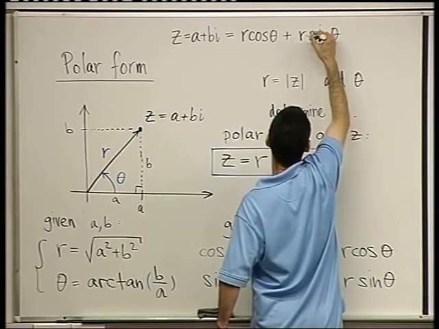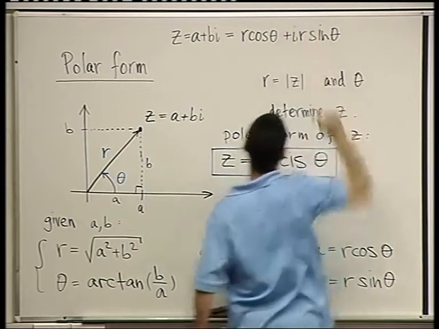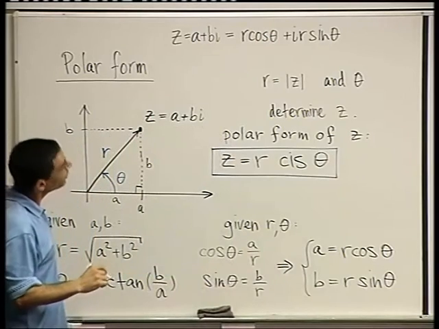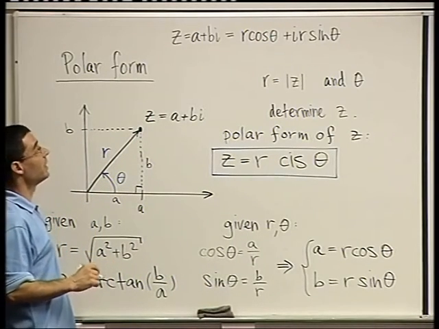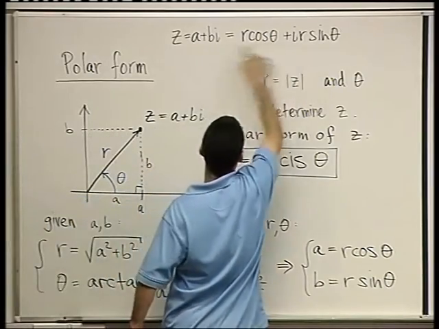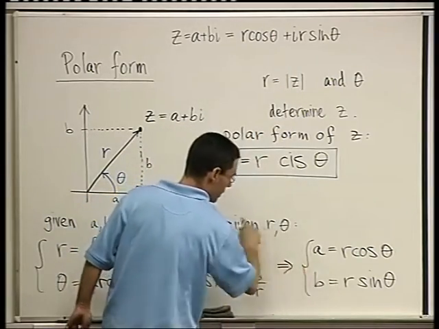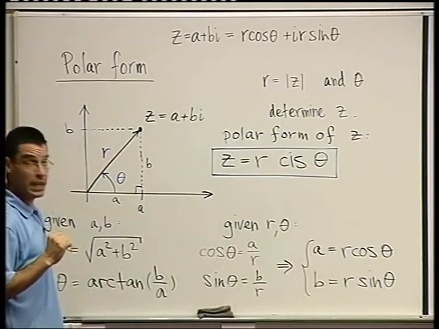And often we write the i over here: r cosine of theta plus i r sine of theta. This is exactly equal according to this relation between r, theta and a and b.